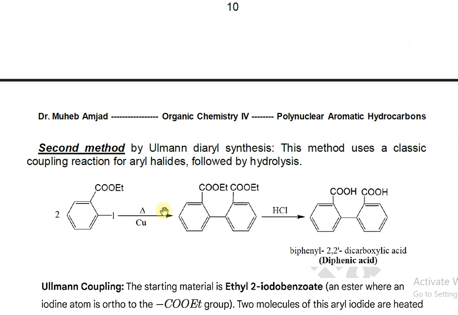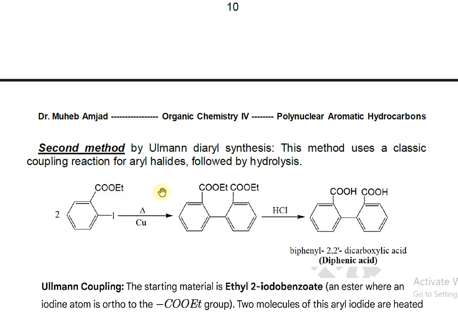The second method to prepare this compound is the Ullmann synthesis, to couple the diaryl compound that is substituted with the ester group here. This method uses the classical coupling reaction of aryl halide followed by hydrolysis.